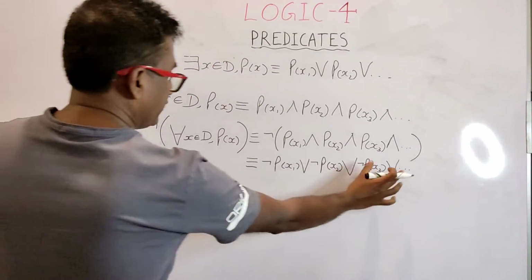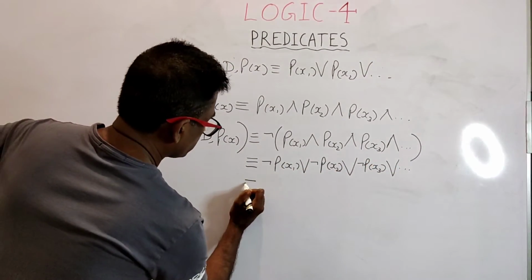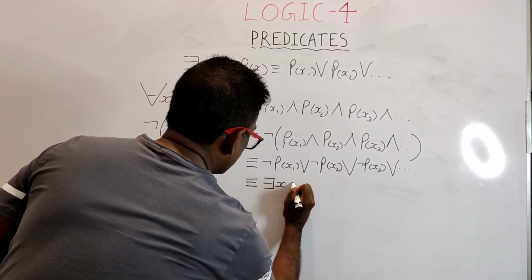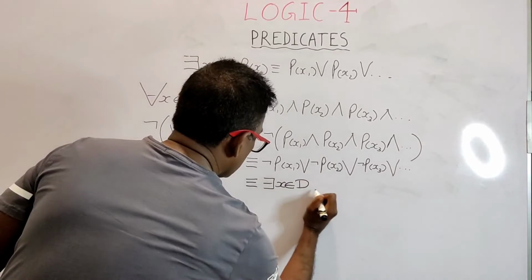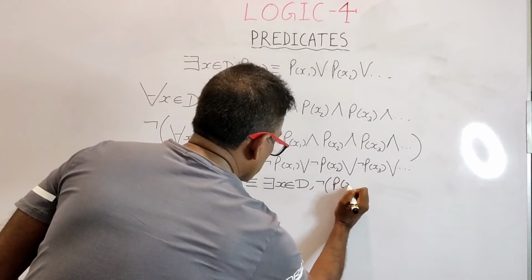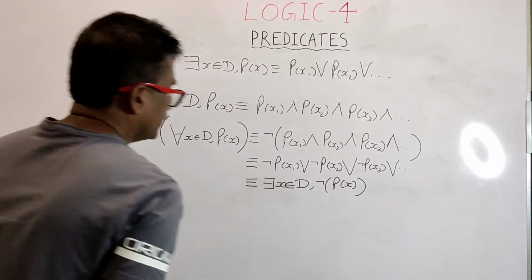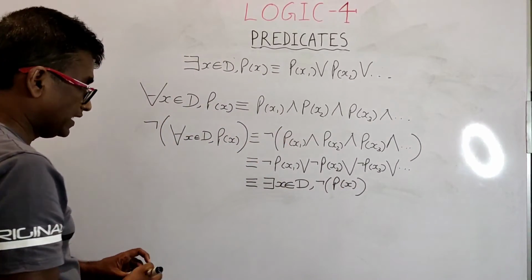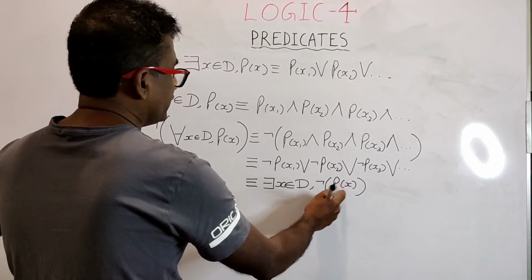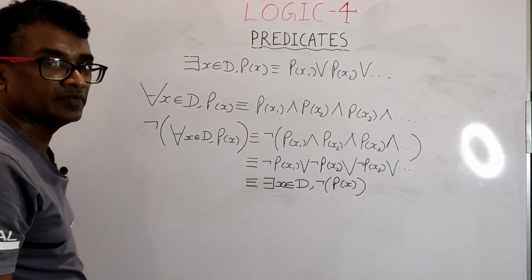So this is equivalent to there is an x in D which is not P of x.